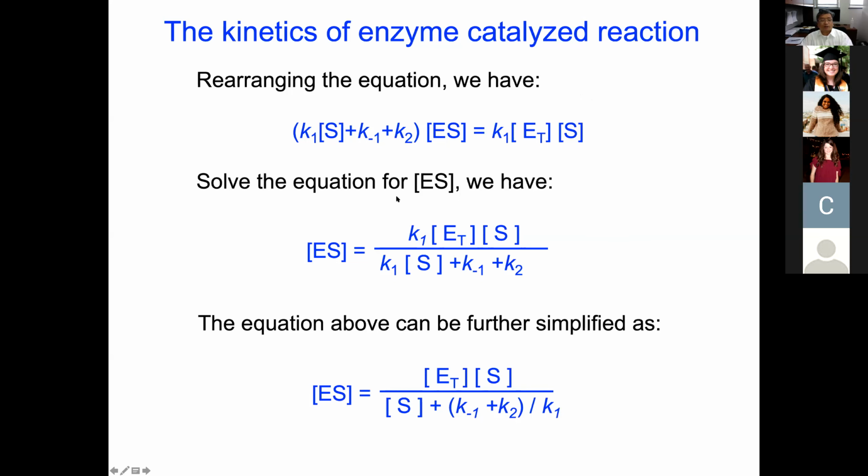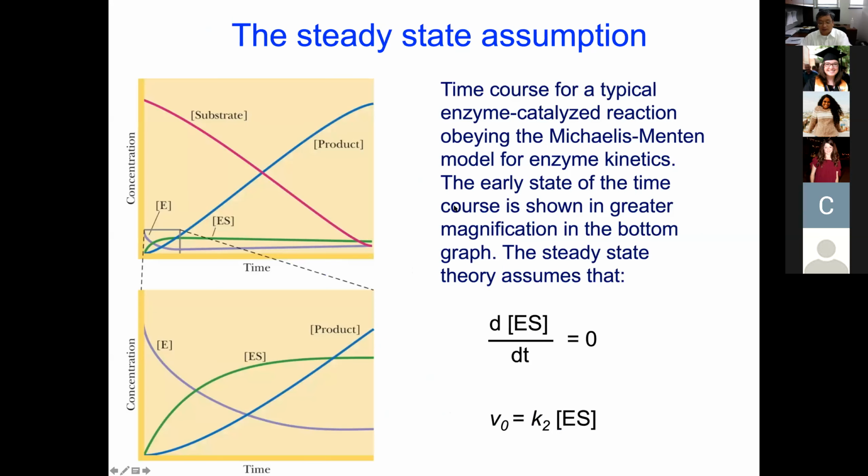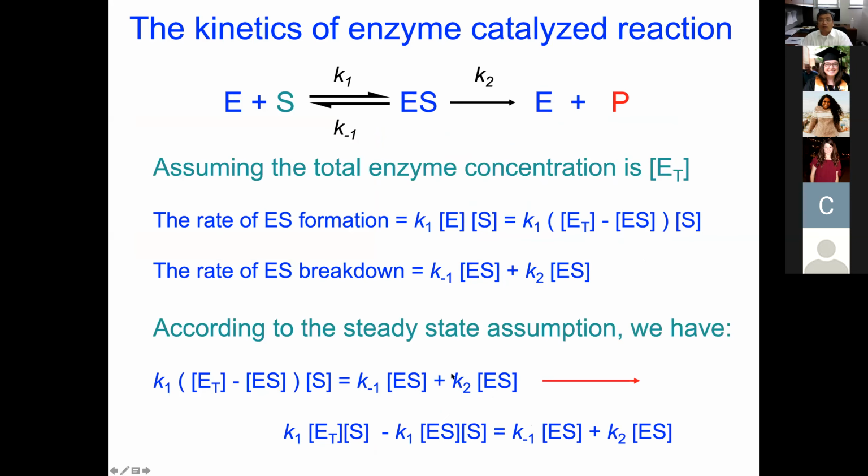So now we can solve this equation for ES because, as I said in the steady state assumption, it is very important. If we want to figure out velocity, we have to figure out the concentration of ES. And then we multiply ES by the rate constant, and then we have the velocity. That's why we are working on these equations to derive ES.